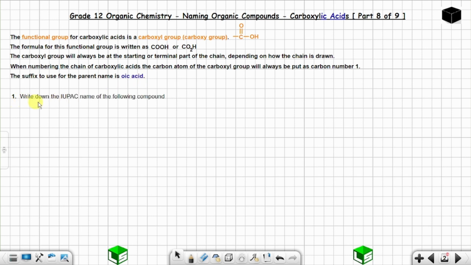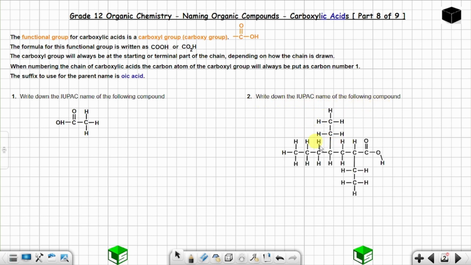Example number 1, write down the IUPAC name of the following compound. This is the compound. And example number 2, write down the IUPAC name of the following compound. This is the compound.